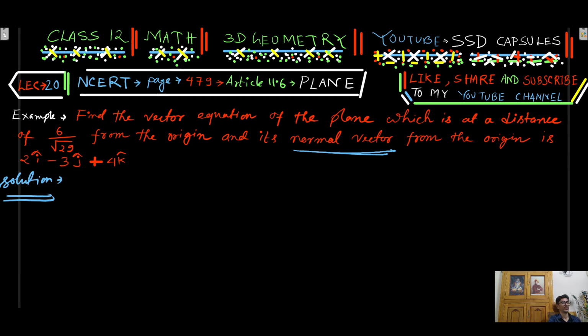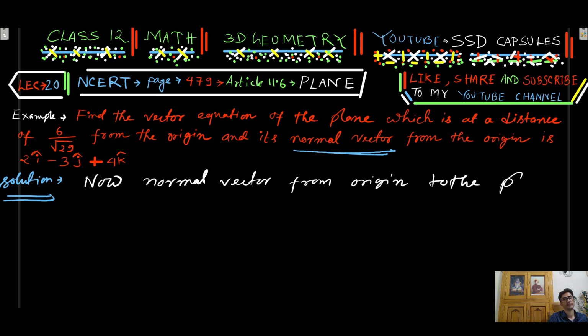Solution. The normal vector from the origin to the plane is 2i cap minus 3j cap plus 4k cap. So we are going to find the unit normal vector.